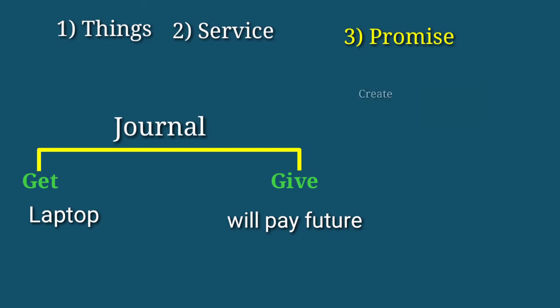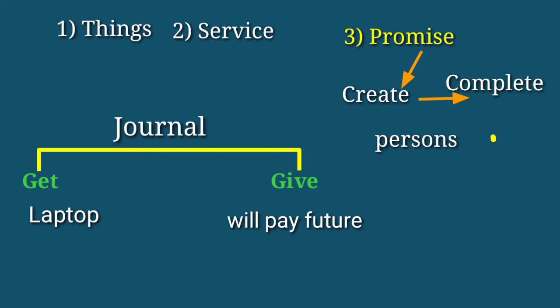First, we need to create a promise, and in future we need to complete it. That means we need to pay the cash in future, right? The promise will be made by the person or to the person. Sometimes we will give the promise to some person, or somebody will promise to us also.